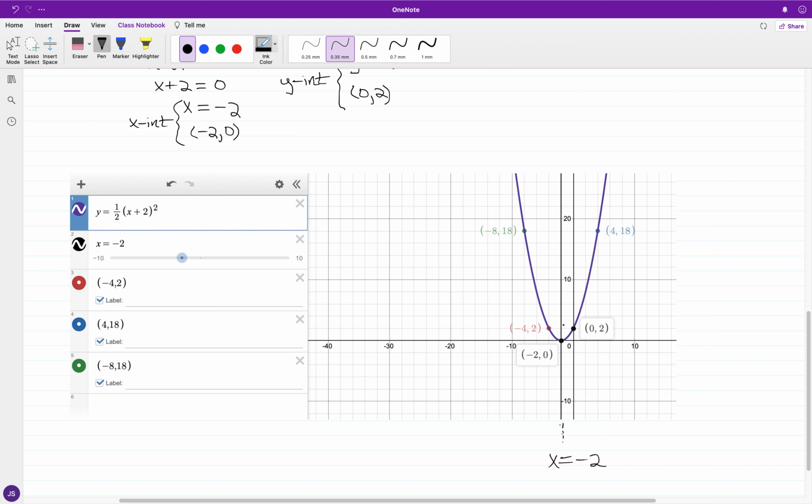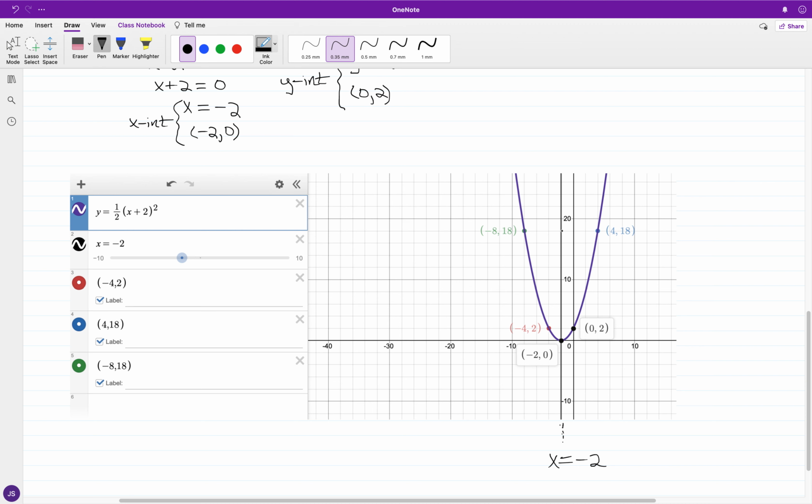And so if you were to go up, you have other points like (-4, 2), (0, 2), (-8, 18), (4, 18). If you notice going up from the vertex, you have 1 square space to the right, 1 square space to the left, so you have (0, 2) and (-4, 2). With each square space in increments of 2, notice we have points level with each other at y is equal to 18.